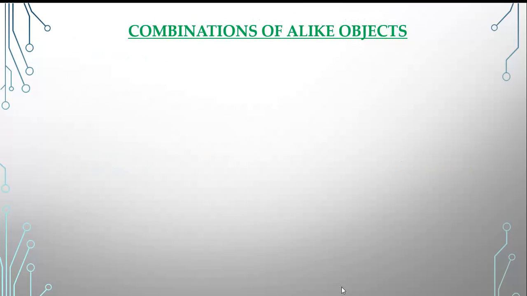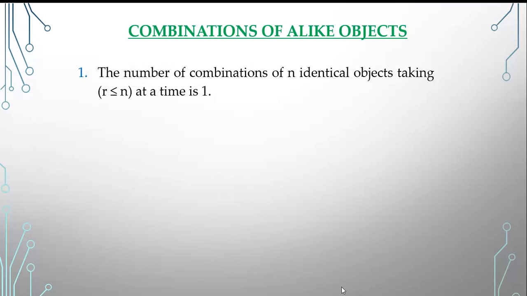Clear? Now the combinations of alike objects. The number of combinations of n identical objects taking r, where r is less than or equal to n, at a time is 1. It means that if we need to select n objects out of n objects, that is nCn, the value is 1.